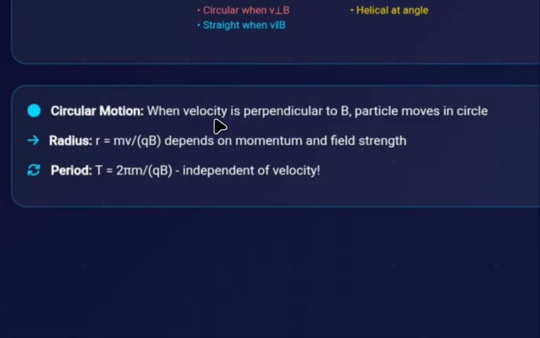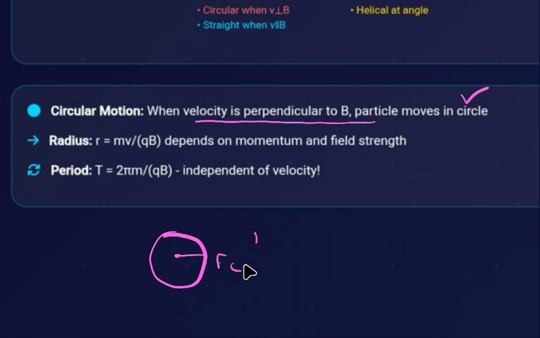Circular motion. When velocity is perpendicular to B, the charge will move in a circle. If it is moving in a circle, we can come to one conclusion. What is that?